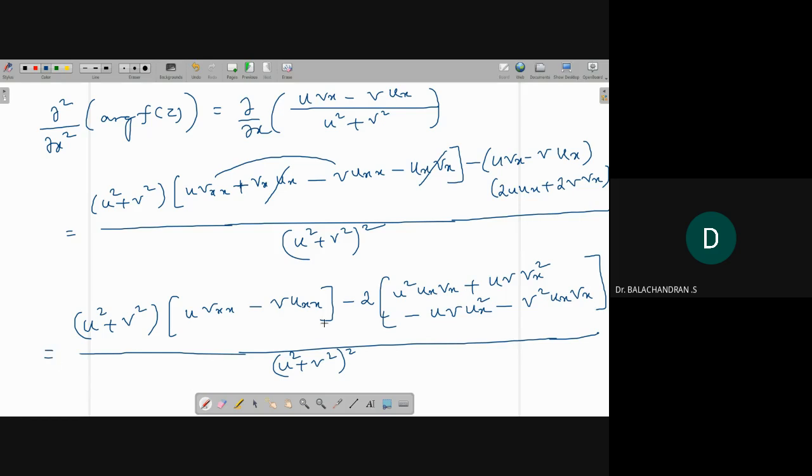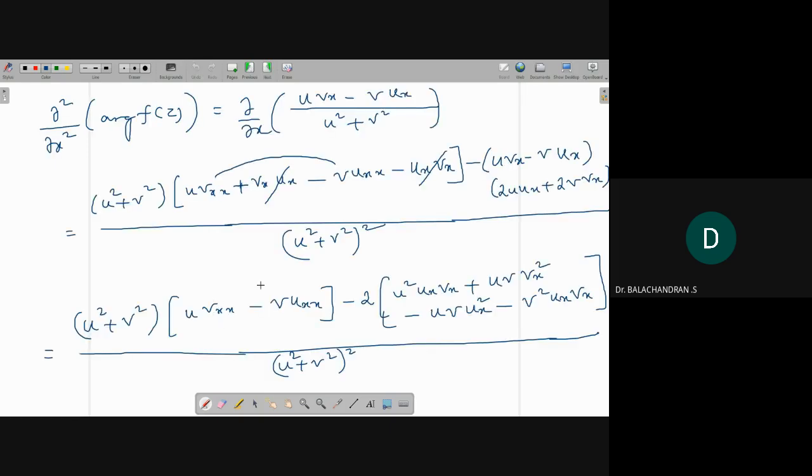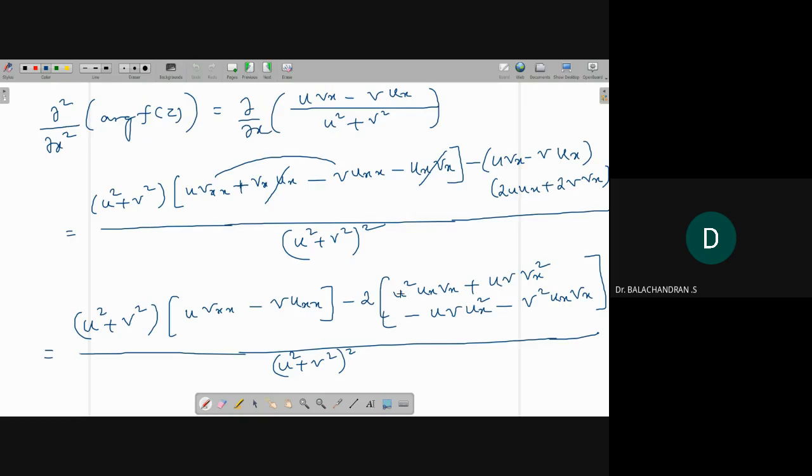So this is actually, okay, still I want to simplify further. A little bit. So u square plus v square into u vxx minus v uxx. Here ux vx, you can take commonly these two. You can group these two.